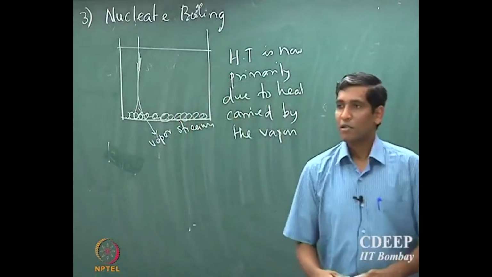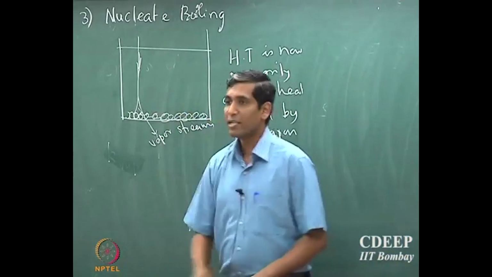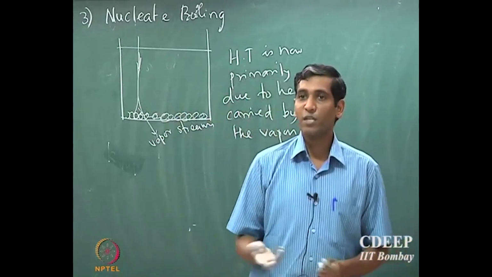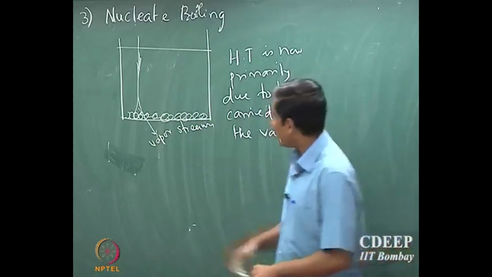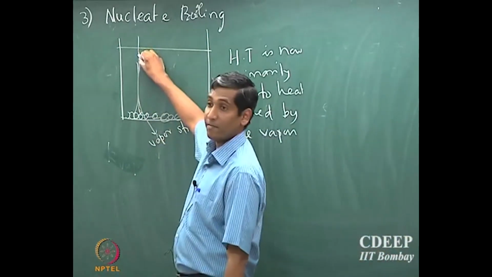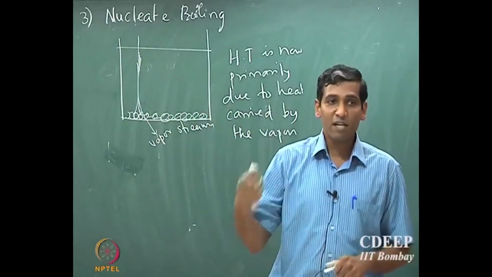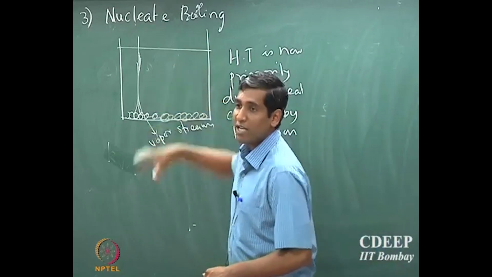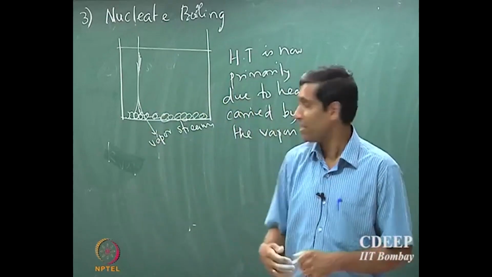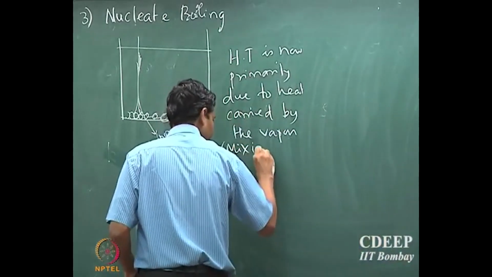The heat is primarily carried by the vapors because the density of the vapor phase is significantly smaller, so the coalescence will occur very quickly and they also move very quickly. This is actually going to increase the recirculation in the fluid in this chamber, and so there will be vigorous mixing introduced.